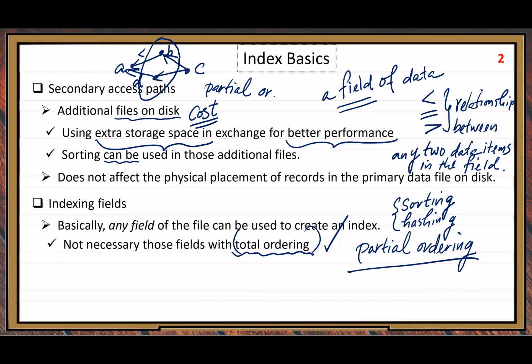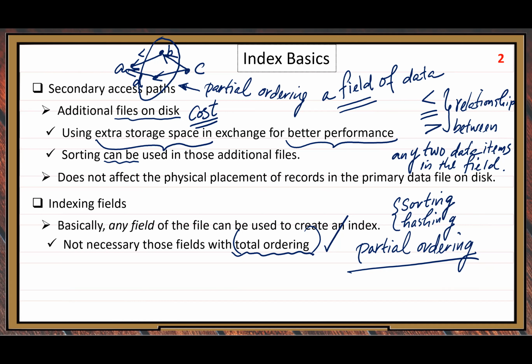For some of the elements you can do comparison, but for some of the elements you cannot. That's the meaning of partial ordering.